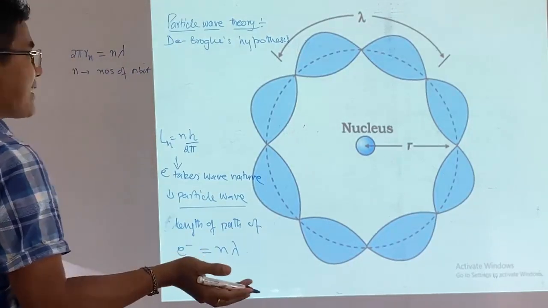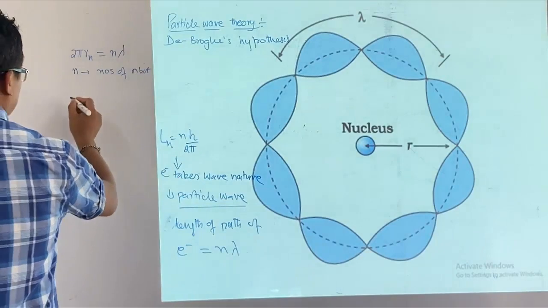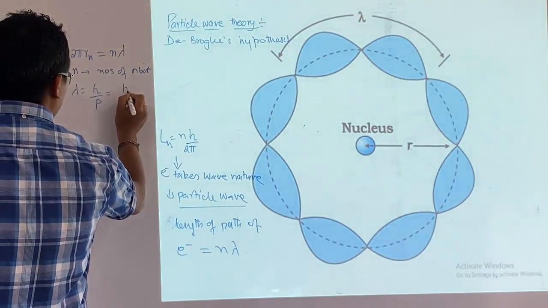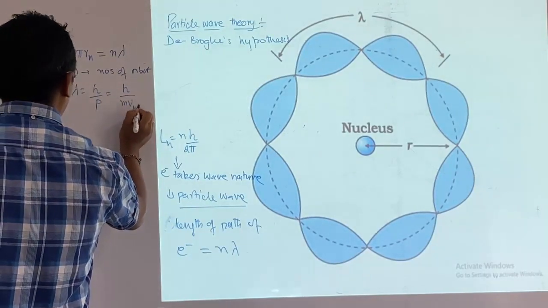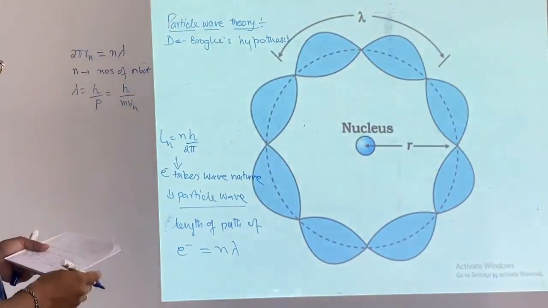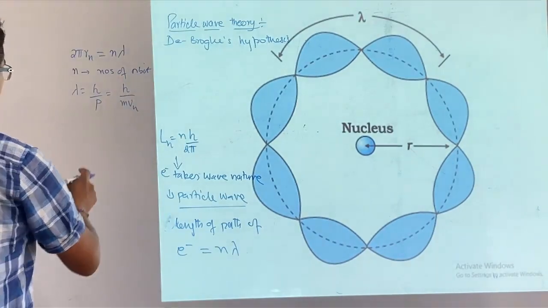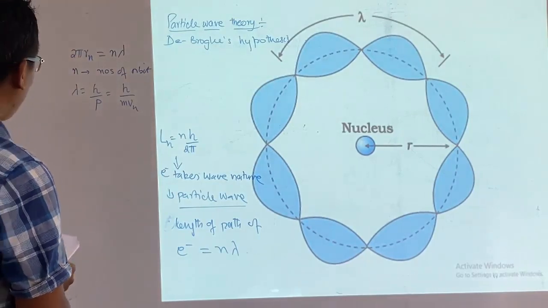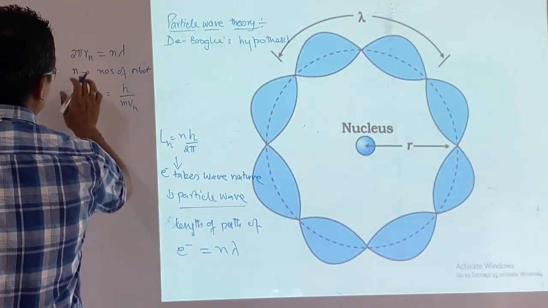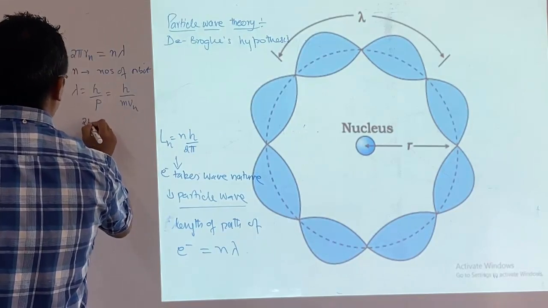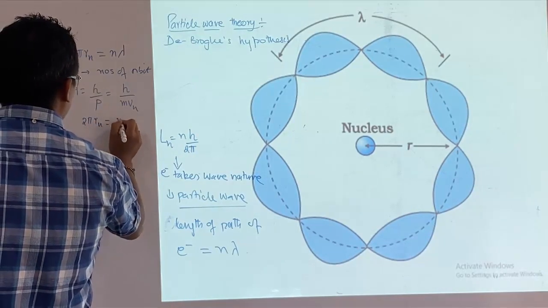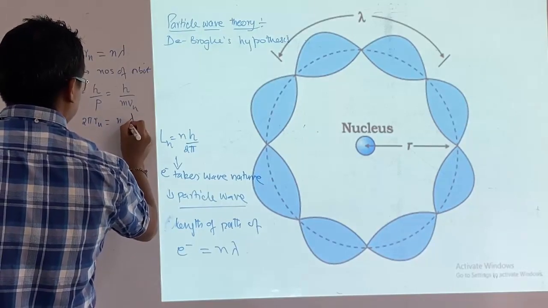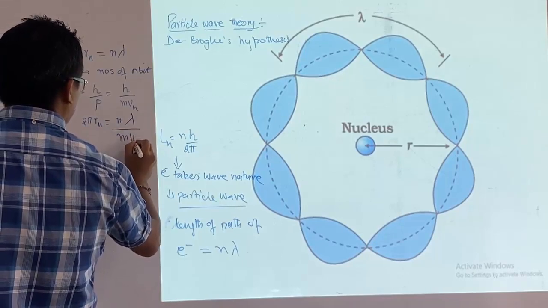Okay. So now I take the de Broglie wave hypothesis, right? De Broglie says that λ = h/p, and what is p? mv_n, right? So now, having this, what about lambda? This is going to be 2πr_n = nλ, divided by mv_n, right?